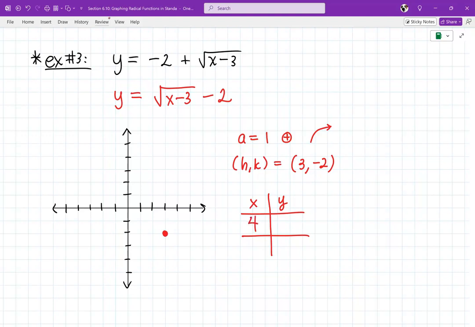I'm going to try x equal to 4. So square root of 4 minus 3, minus 2. What's the square root of 1 minus 2? Which is negative 1. So 4, negative 1.